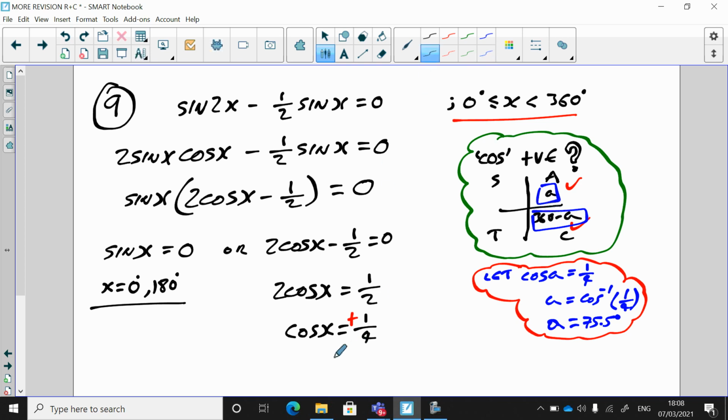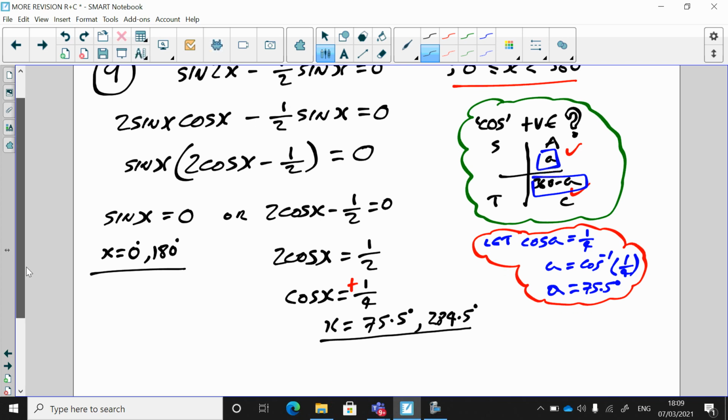So yes, I'm probably changing from my usual format. So it's 75.5, and the other one's 360 minus that. What's that? It's 360 minus that. That's 285. No, 284. Yep, 284.5 here. So that kind of looks okay.